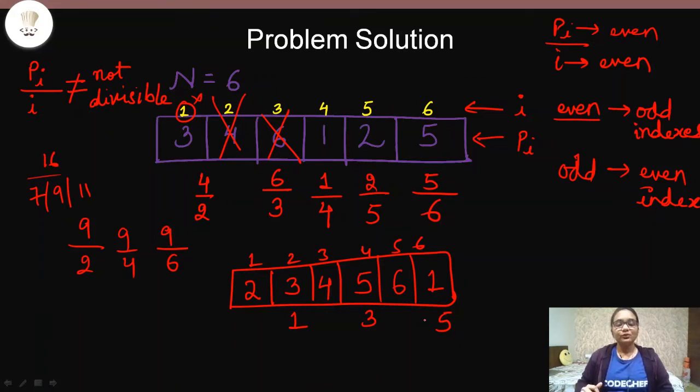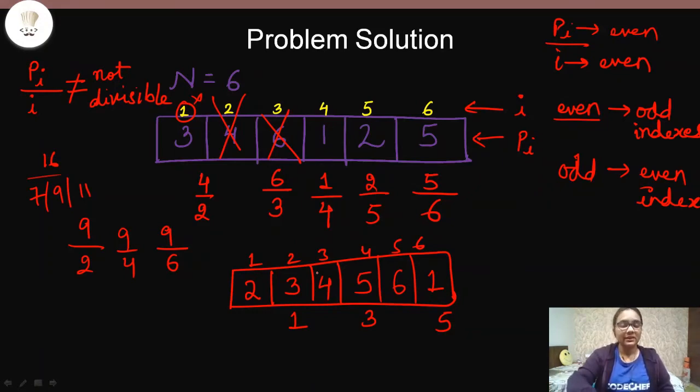It is up to you which odd number goes at which even index, and which even number goes at which odd index. But to maintain a certain order, we are placing it this way: at the first odd index we placed 2, and after 2 we have 4, so we placed 4 at the next odd index. This just maintains an order, and it is easy to do in the code.